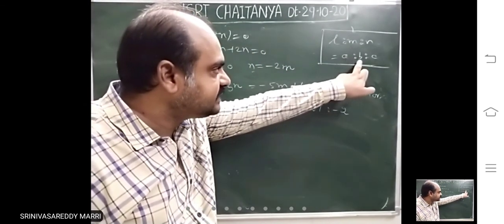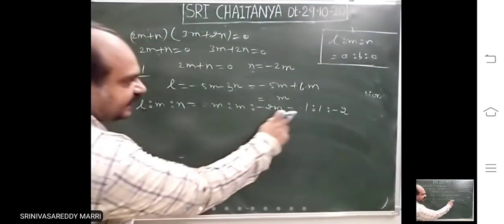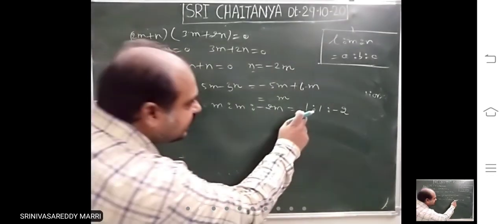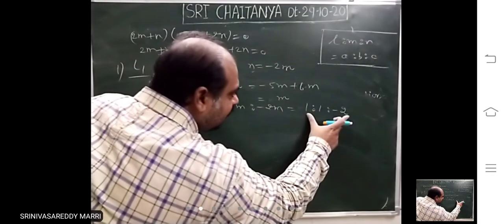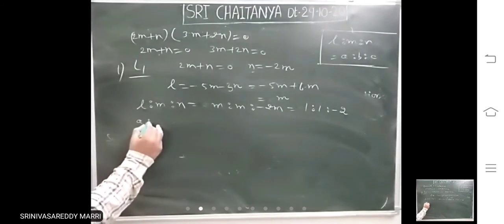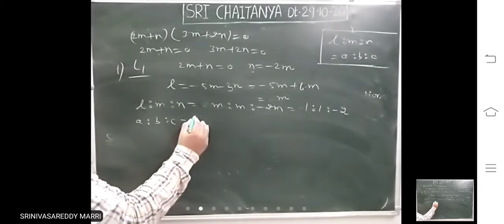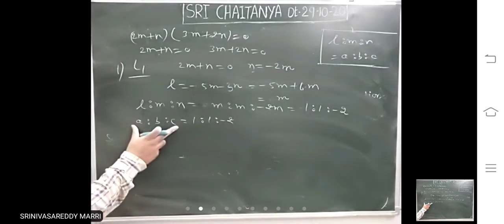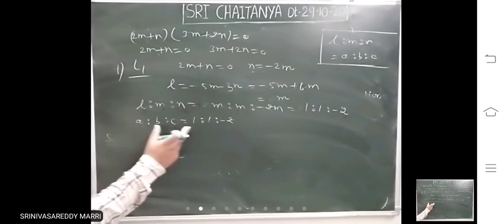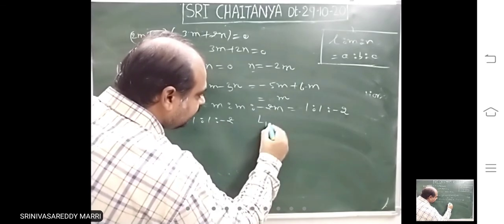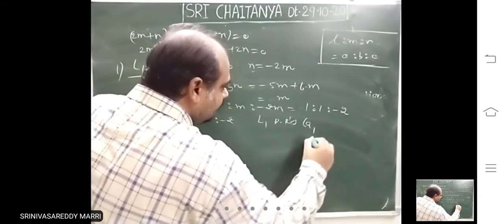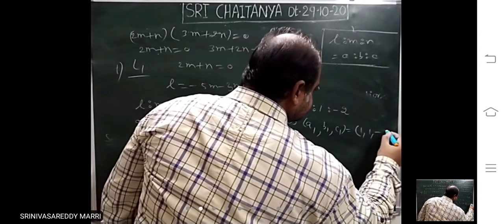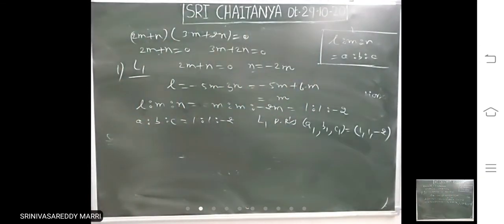Don't write l equal to 1, m equal to 1, n equal to minus 2, because then you would want l square plus m square plus n square equal to 1; these are not DCs, they are ratios. So for line 1, the DRs a1, b1, c1 are 1, 1, minus 2.